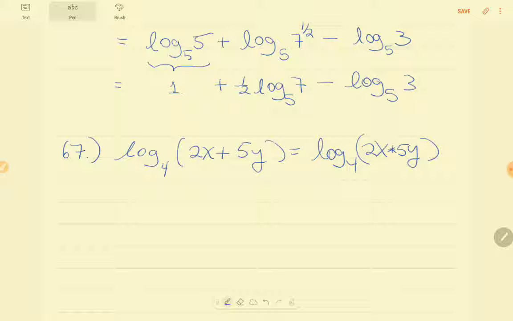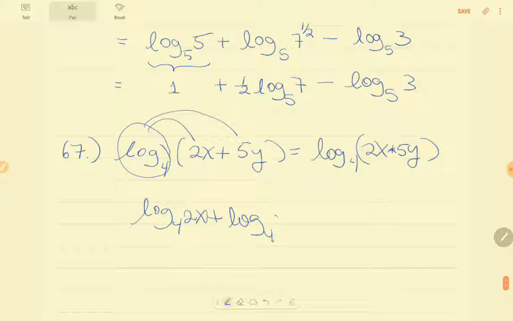Something like that. I've seen a lot of people do that. It doesn't work that way. They have to be two separate logs, and this is not two separate logs. And you can't distribute a log. You cannot go and make this the log base 4 of 2x plus the log base 4 of 5y. You cannot do that. It doesn't work like that.